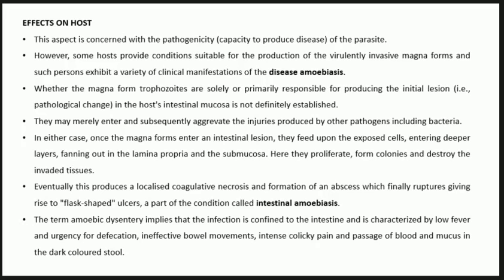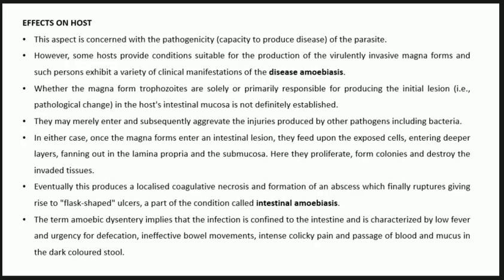In any case, the magna will feed upon the exposed cells and enter deeper into the intestine and go towards the capillaries area. So the lamina propria and submucosa layers can also be damaged.